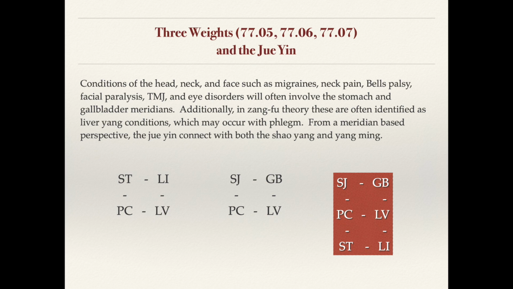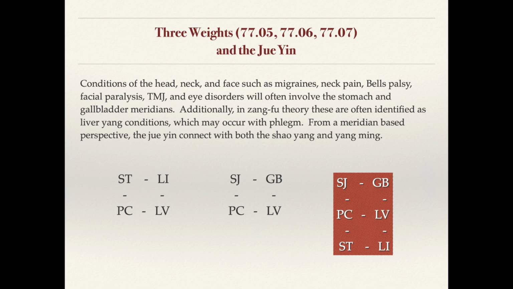It's not always easy deciding what the primary meridian affected is. Sometimes it looks like it's more in the gallbladder meridian, and then the patient starts explaining a bit more, and then it seems like it's more of a stomach meridian complaint. And we've got patterns like liver yang rising, which would be more of a shao yang jue yin pattern.